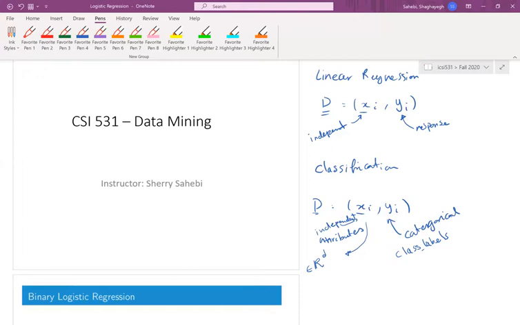So these categories, flu, cold, COVID-19, are your class labels that you would like to predict.